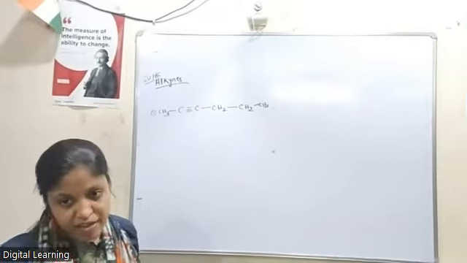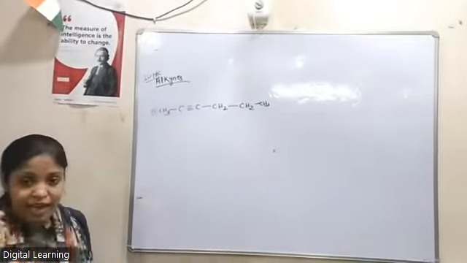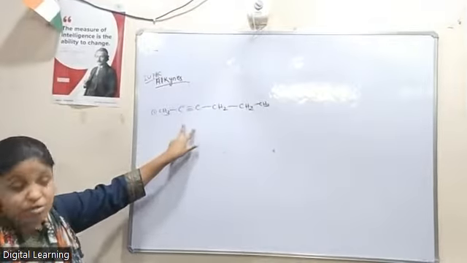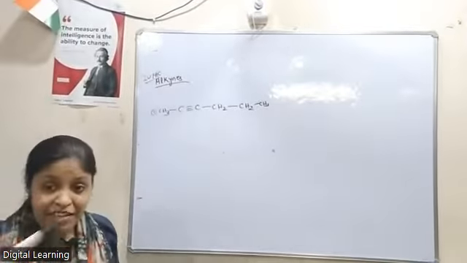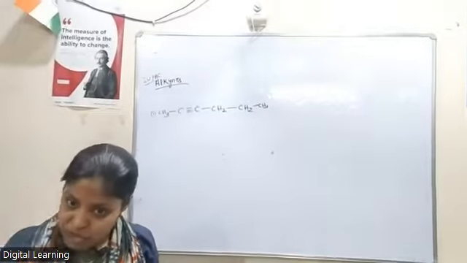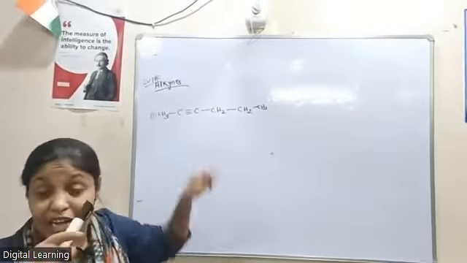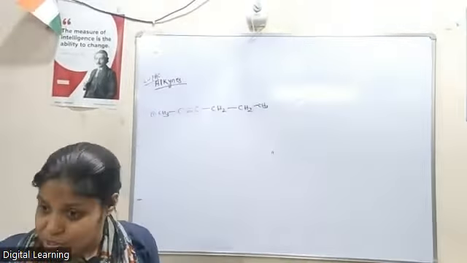Okay, word root is hex. Then the second step is that we have to number the carbon atoms, in which if a side chain is present, then that must get the lowest number, and if any functional group is present, that must also possess the lowest locant or lowest position.